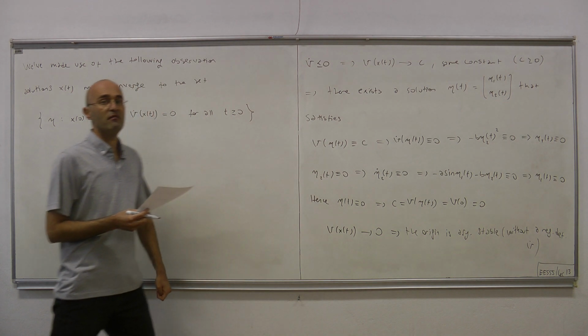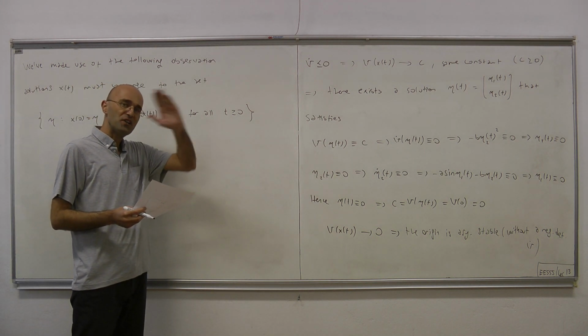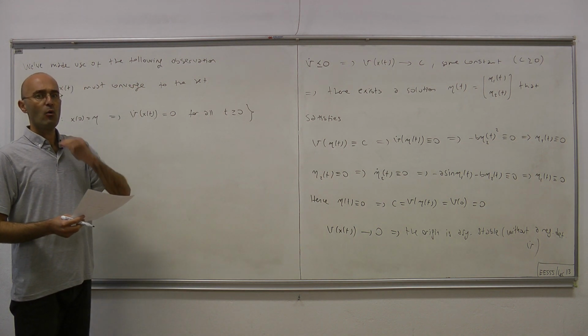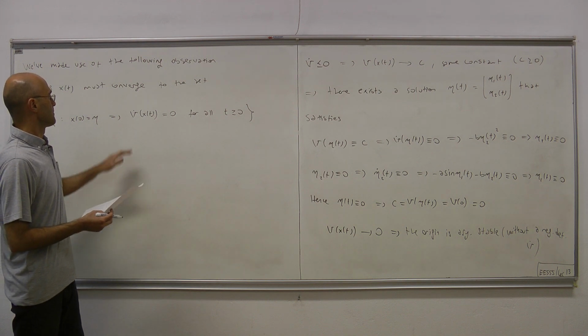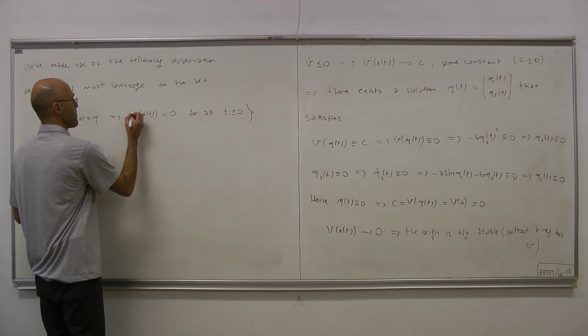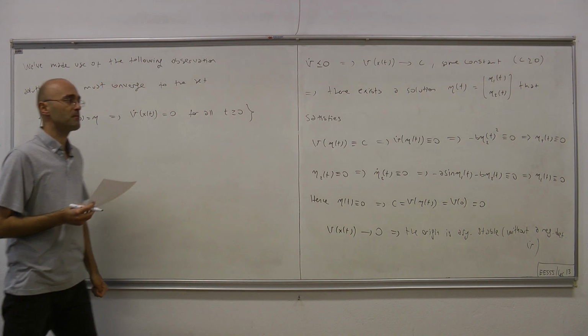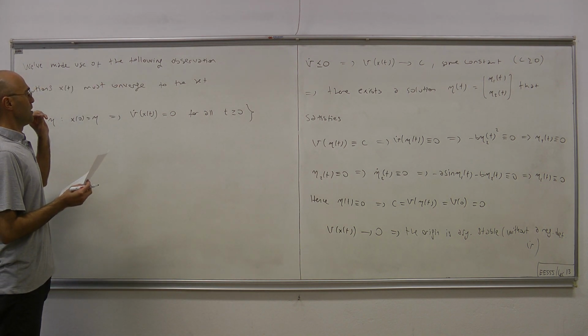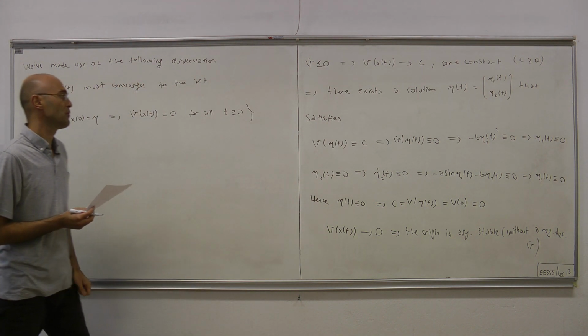So when you have a negative semi-definite V dot, all the solutions must converge to a set where V dot is identically 0, throughout, for all solutions starting from initial conditions that belong to that set.